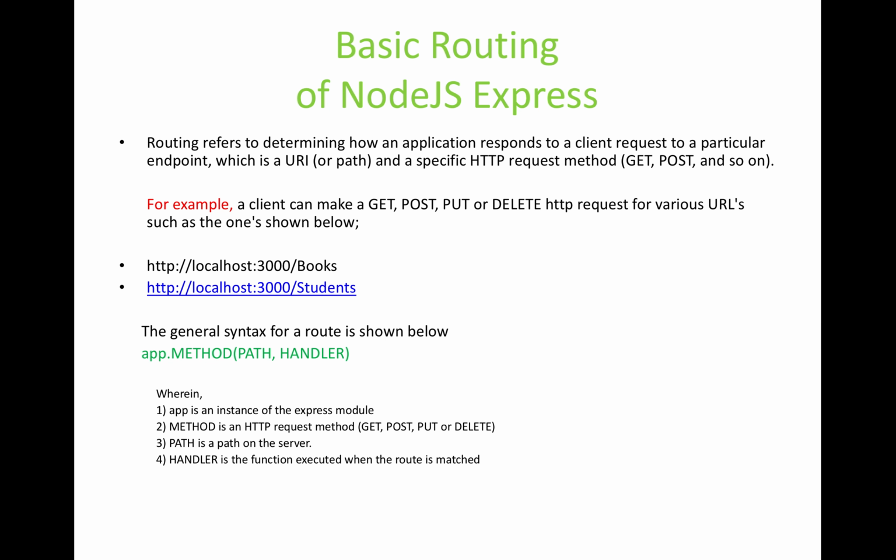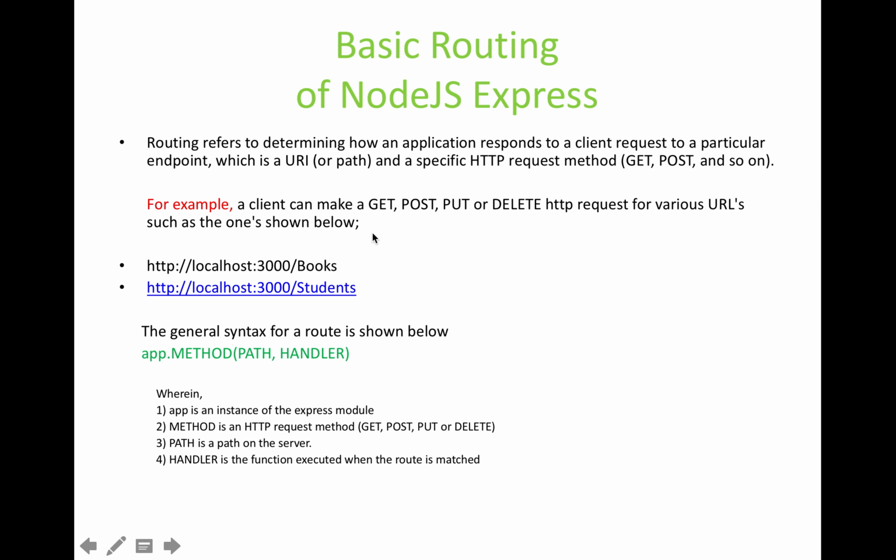So now I will describe routing in the Node.js Express framework. Routing refers to determining how an application responds to a client request to a particular endpoint, which is a URI or path, and a specific HTTP request method, GET, POST, and so on.